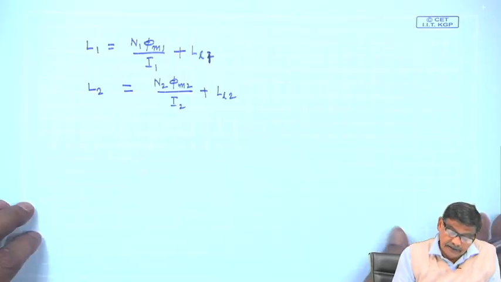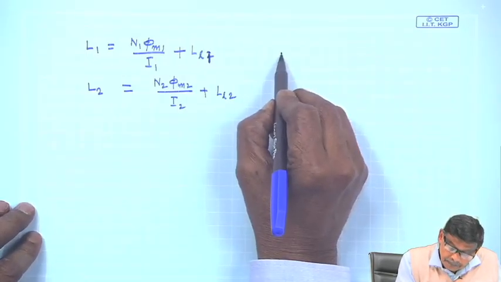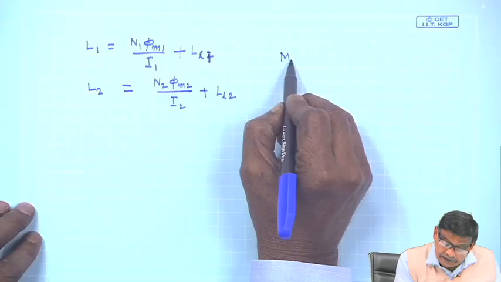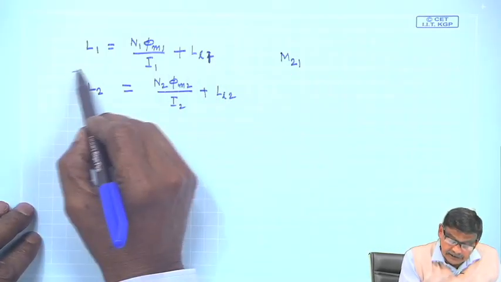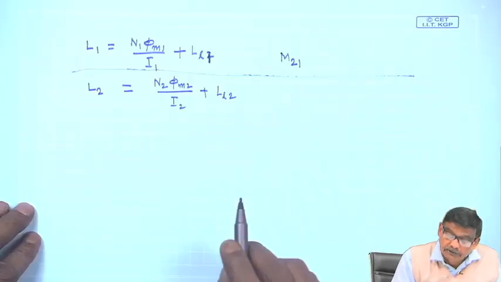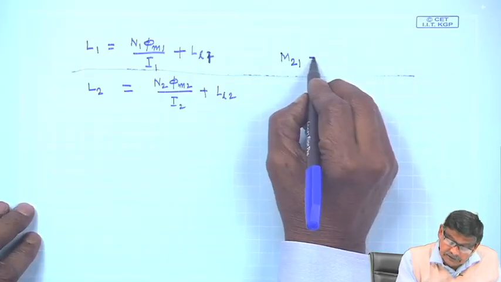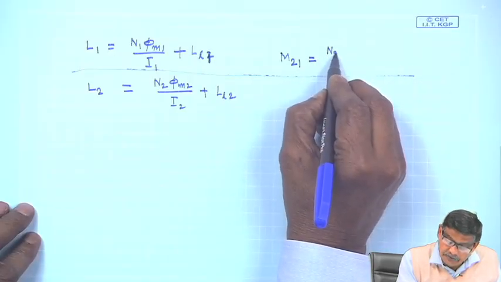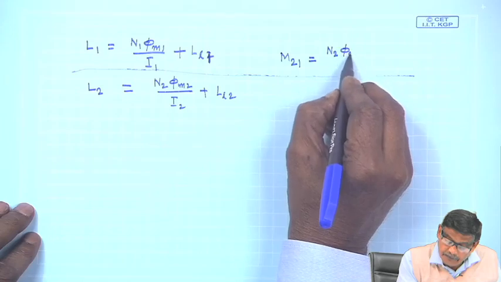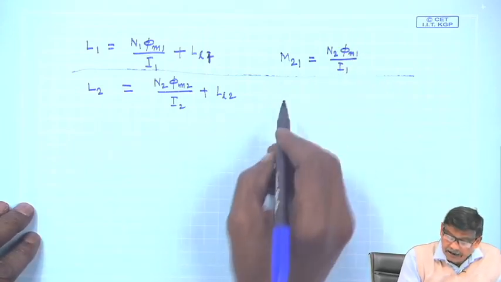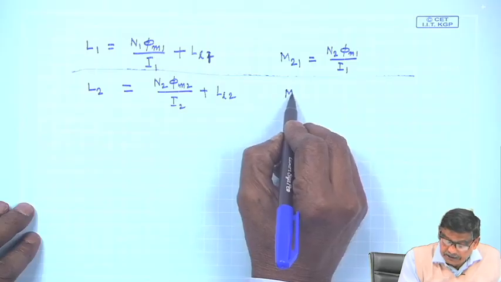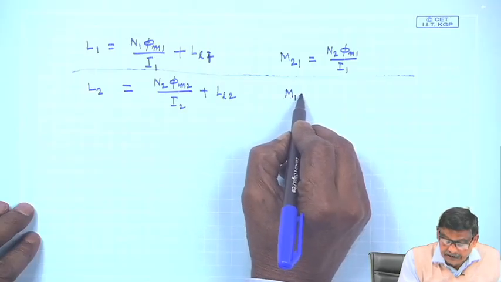And I told you the mutual inductance, in this case M 2 1, is nothing but N 2 phi m 1 by I 1. Similarly, I can define the mutual inductance when the second coil is carrying current.